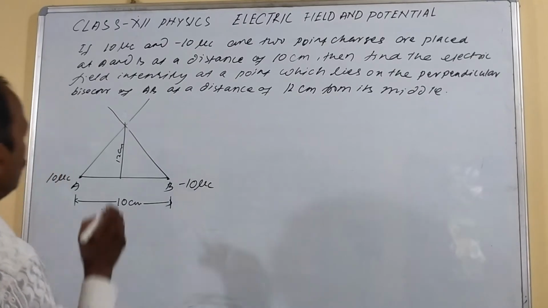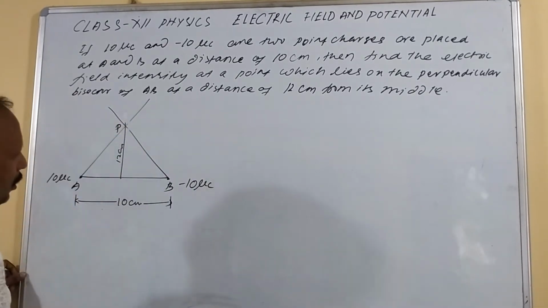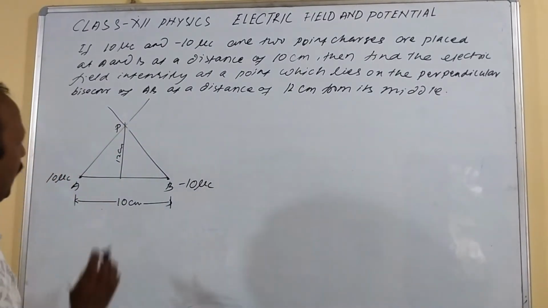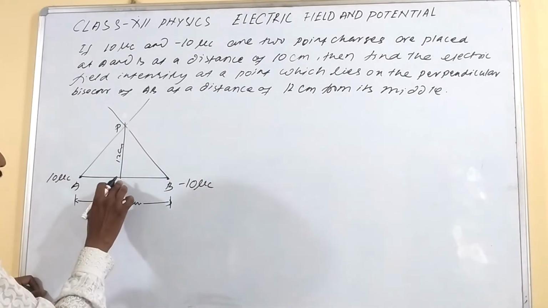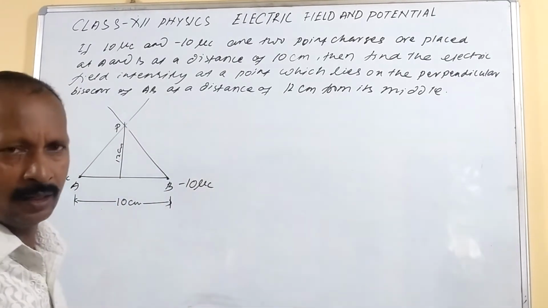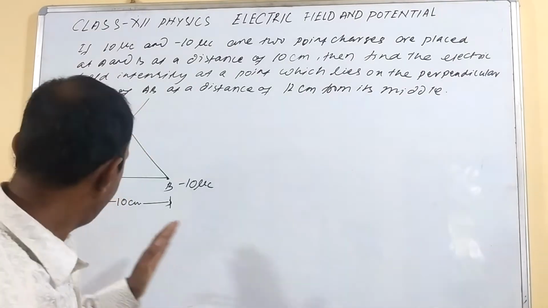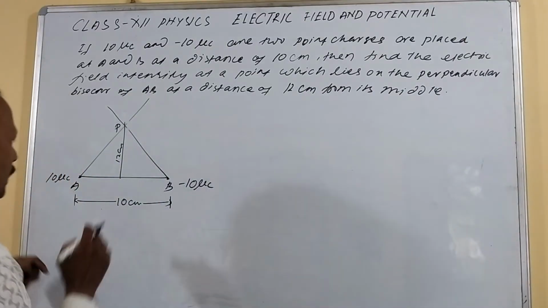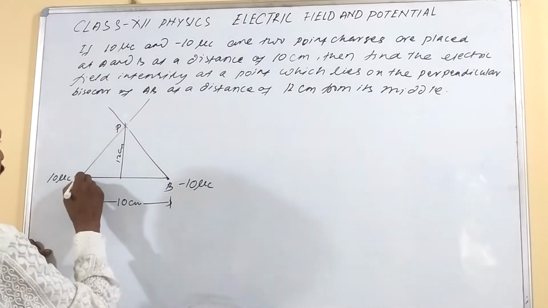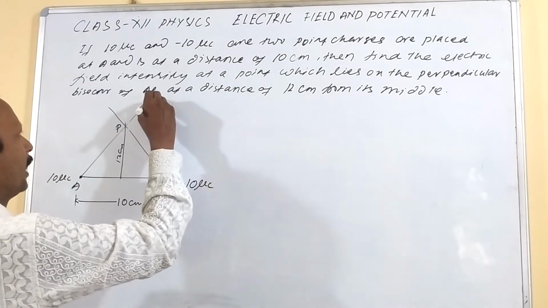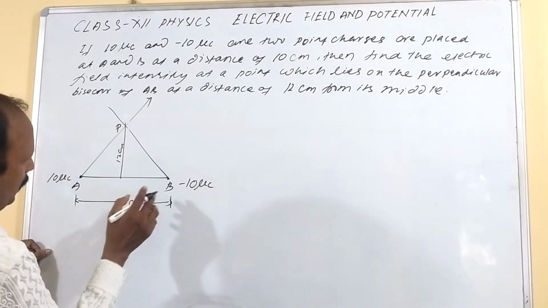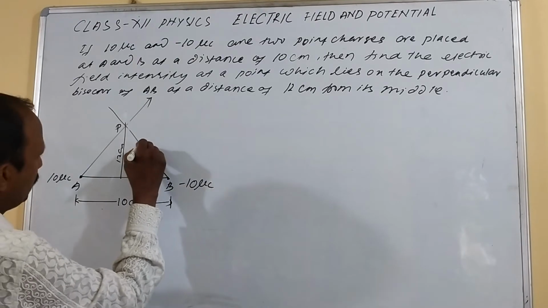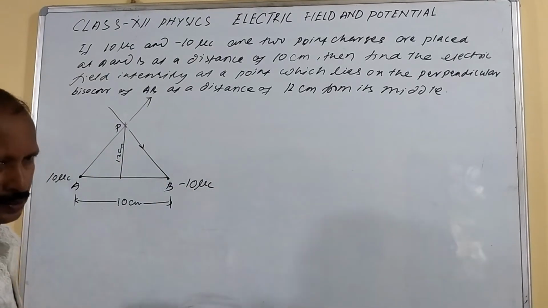Now we have to find out the electric field at the point P, which is at a distance of 12 centimeter from the middle of AB. That means its direction is like this. This is minus, so its direction will be like this.